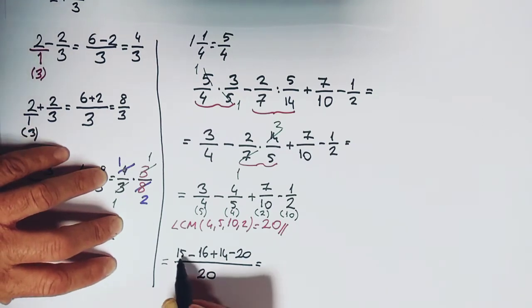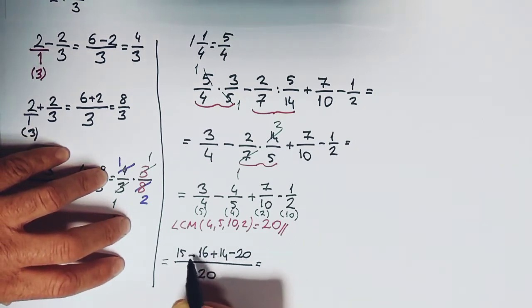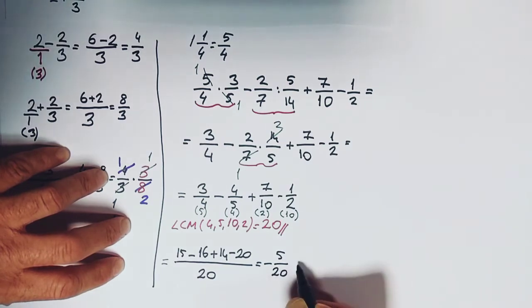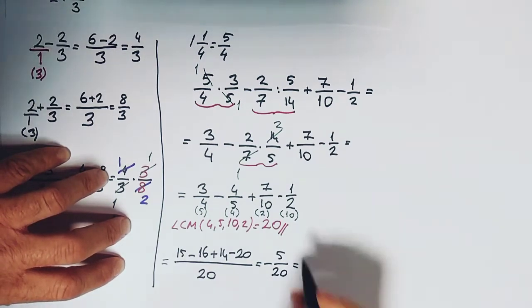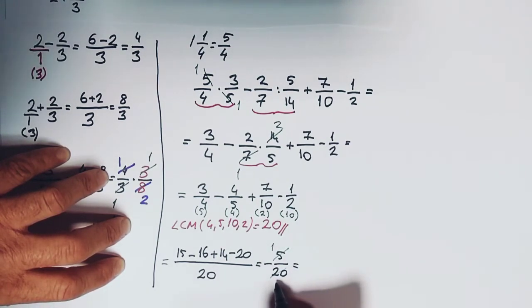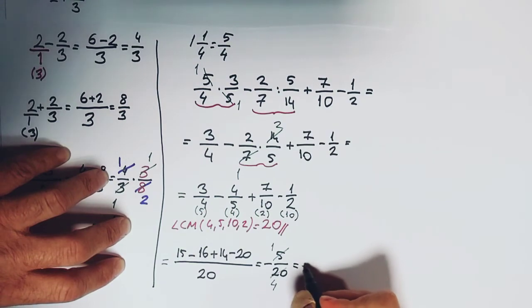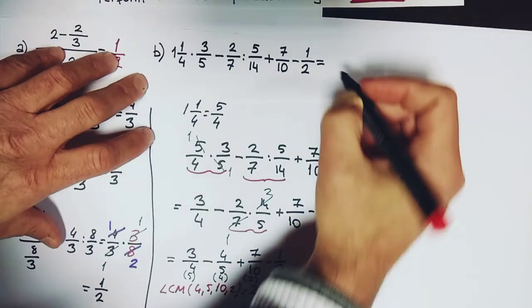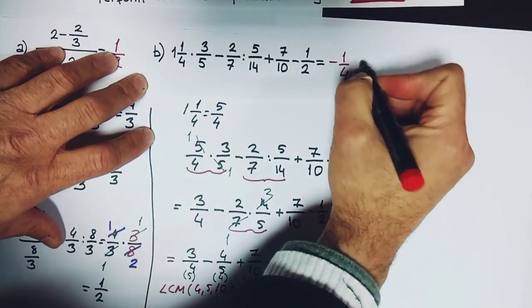If we finalize it, 15 minus 16 plus 14 minus 10: minus 1 plus 14 is 13, 13 minus 10 is 3. So we get 3/20 and simplify. The final answer is the simplified result.